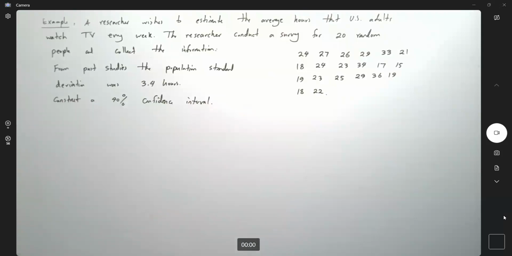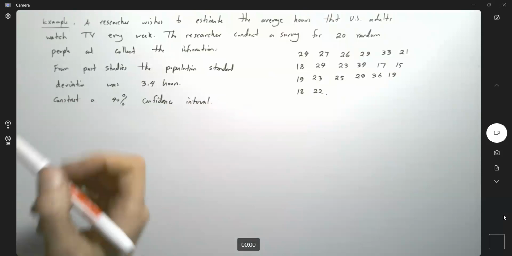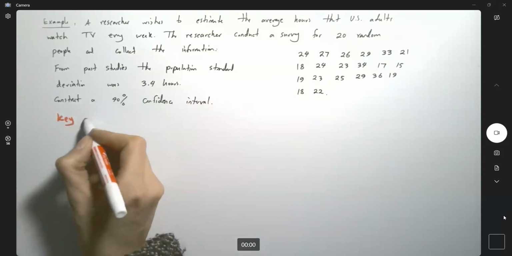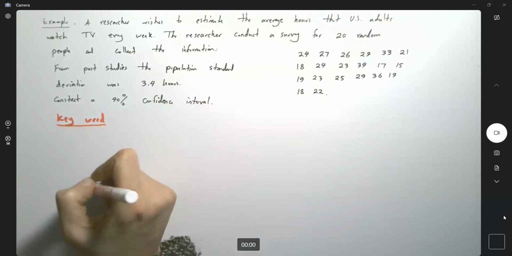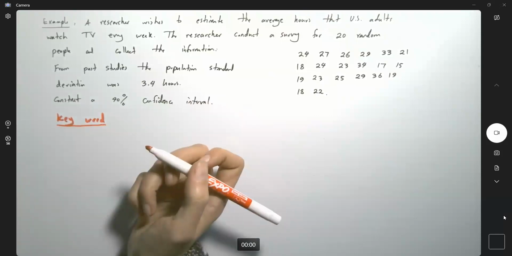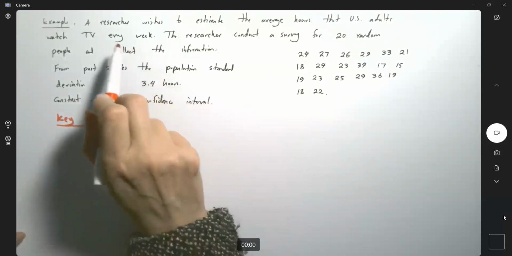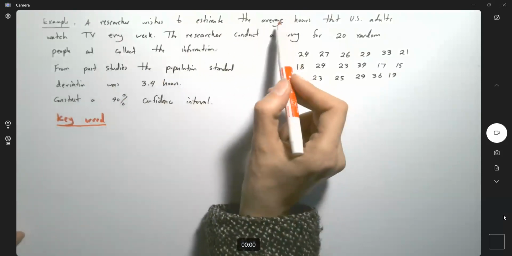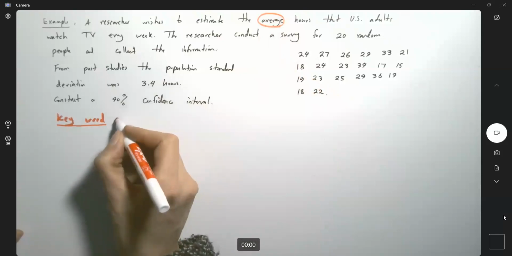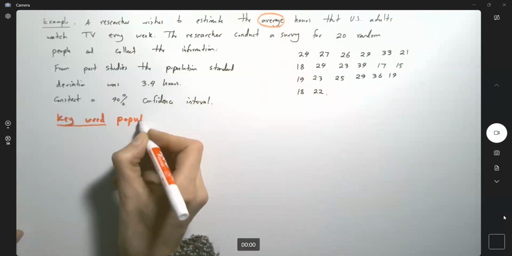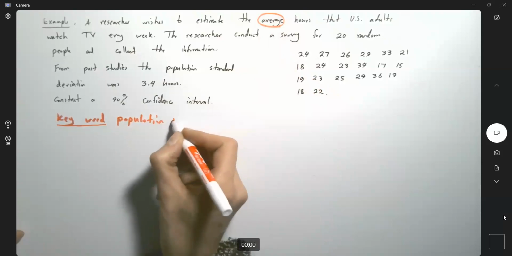So first, look for the keyword. What is the keyword? Are we constructing a confidence interval for population proportion or population mean? In the very first line, you have the keyword average. So it means that you are working with population mean or mu.